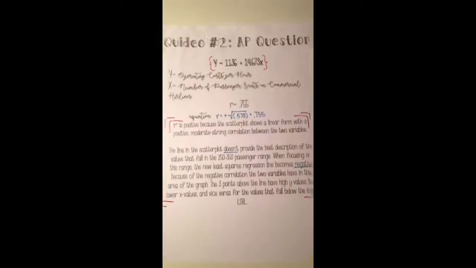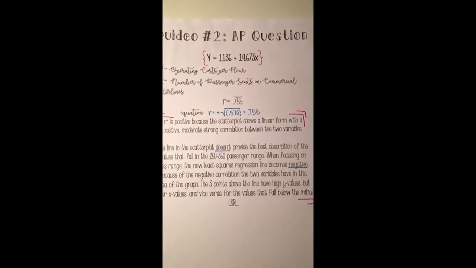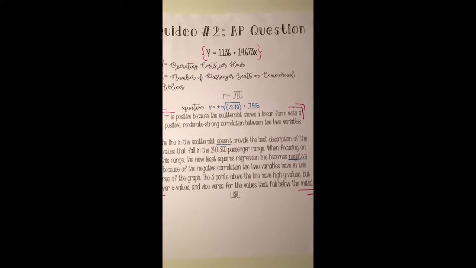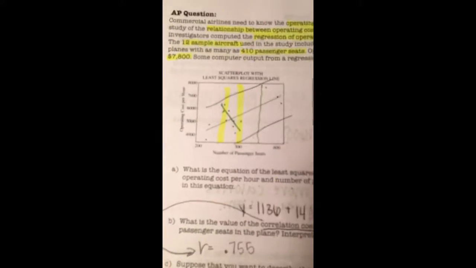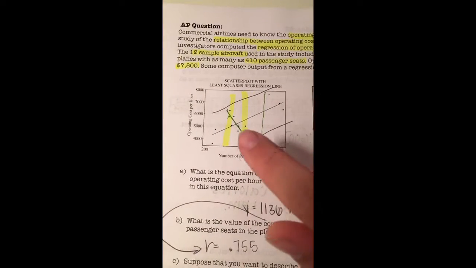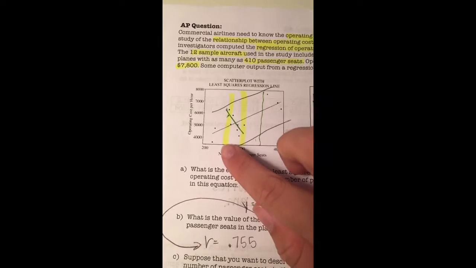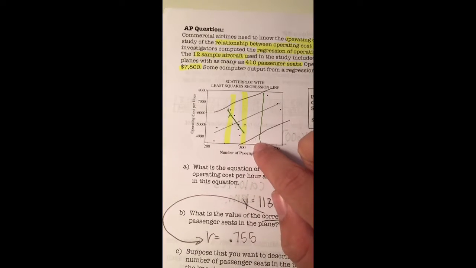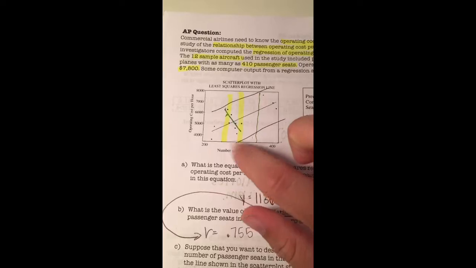And then part C asked you to describe the operating cost per hour and the number of passengers in the planes for only the range of 250 to 350 seats. So when we look at the scatter plot, we can see the range, and so I did 250, and this is actually the 350 mark, not the second yellow line.